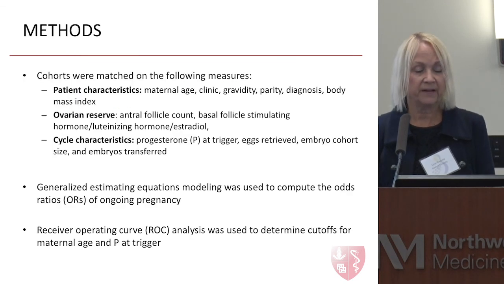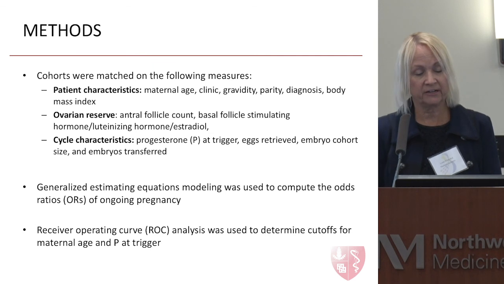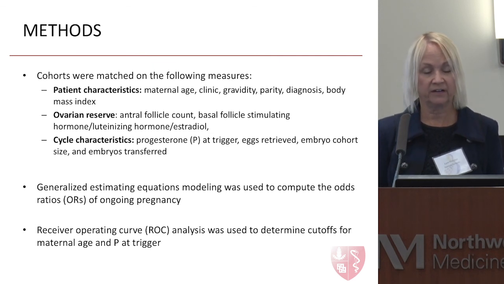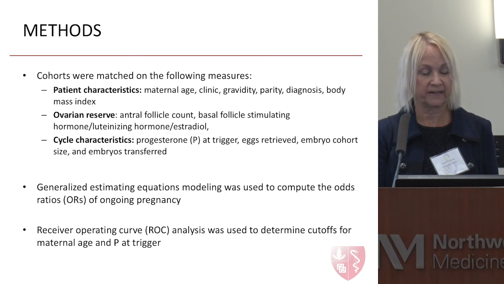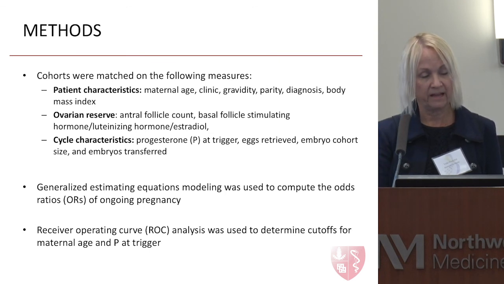And the cohorts were matched for patient characteristics, so maternal age, the clinic, gravidity, parity, diagnosis, body mass index, ovarian reserve, and then cycle characteristics like progesterone, eggs retrieved, the embryo cohort size, and embryos transferred.